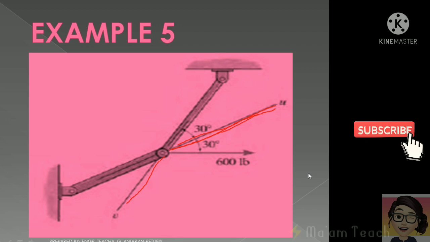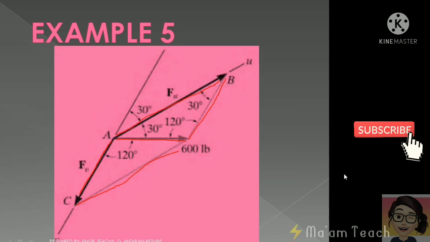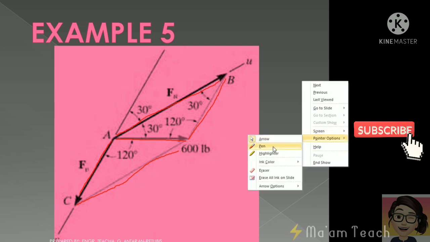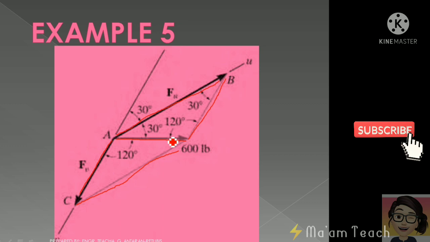Let us find the other angles. Since this part is parallel here, they will have the same angle, as well as this angle here, this 30 degrees is the same angle here, and this 30 degrees is the same angle here.